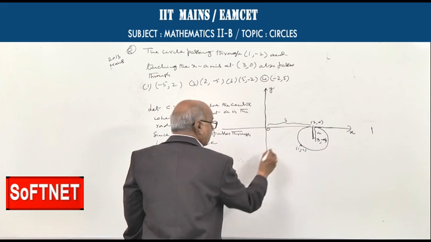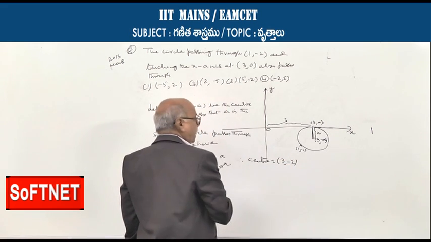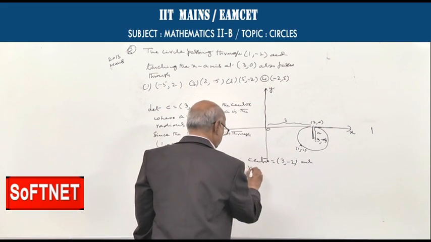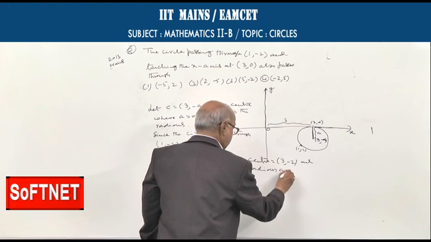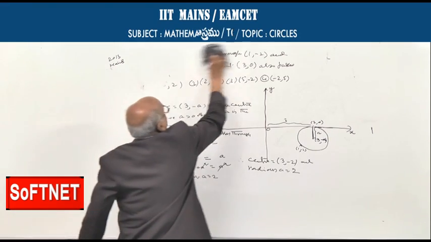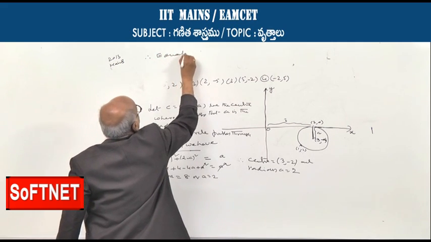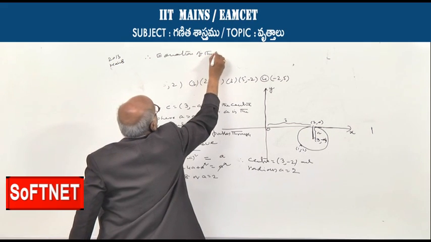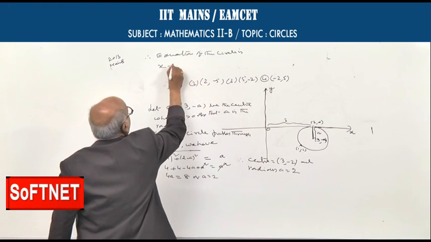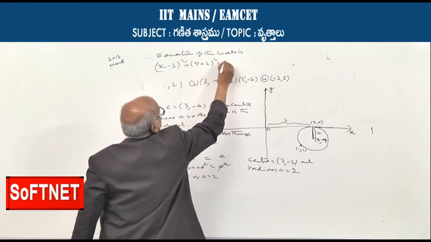So therefore, the center is 3 comma minus 2 and the radius is 2. So the equation of the circle is x minus 3 whole square plus y plus 2 whole square is equal to 4.